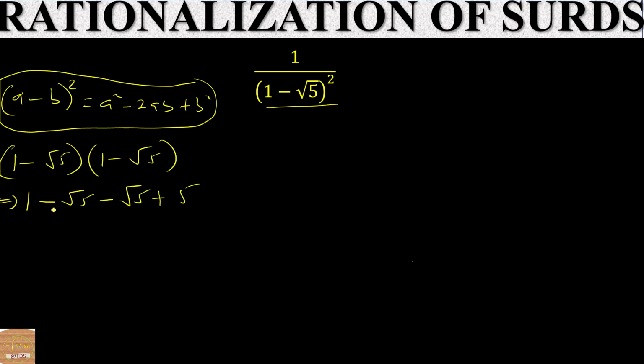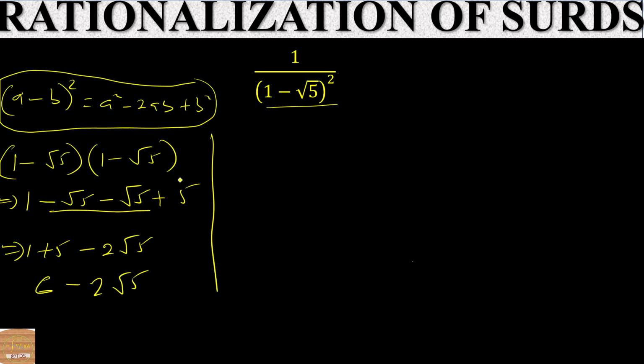Minus root 5 times 1 is minus root 5. Minus with plus, so we have 5. So let's look at this one. So the coefficients is 1, 1. So minus 1, minus 1. So we have 1 plus 5, that is 6. Then minus 2 root 5. So we have 6 minus 2 root 5. Or we can use this. Okay.